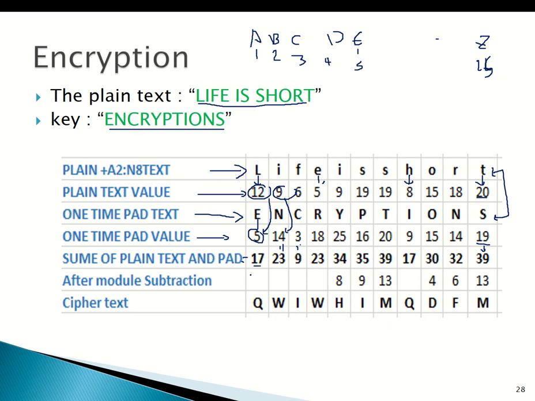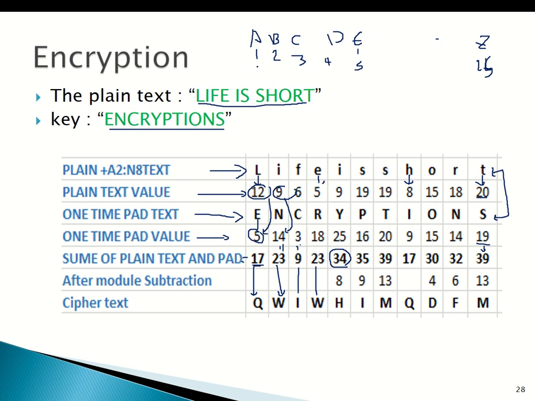Now for the ciphertext, if the total number is more than 26, then we subtract 26 from it. So for example, here 17 is letter Q, 23 is letter W, 9 is I, 23 is W. Now 34, we don't have 34, we have only until 26.